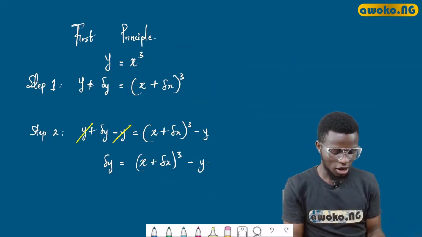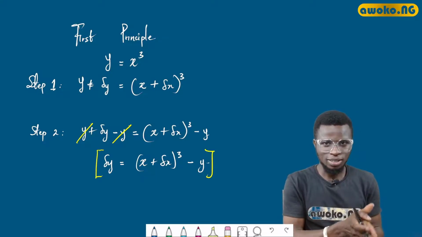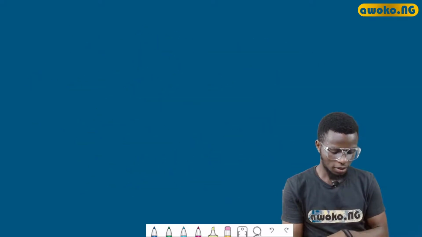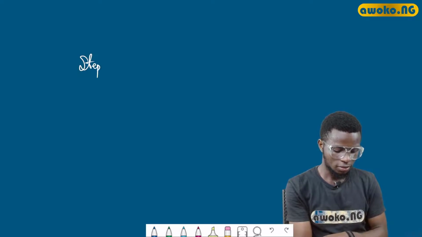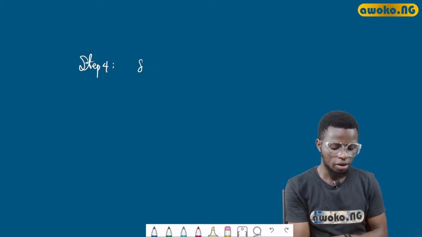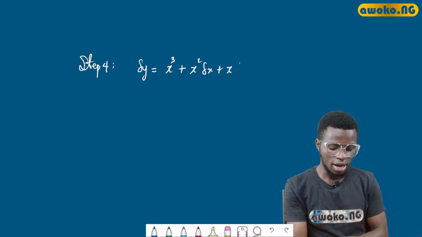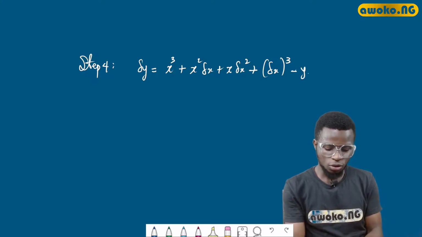This is where we are. So taking a step further, leading us to step 4. The step 4 simply is, remember we have dy equals x raised to the power of 3 plus x squared dx raised to the power of 1 plus x dx raised to the power of 2 plus dx raised to the power of 3 minus y.